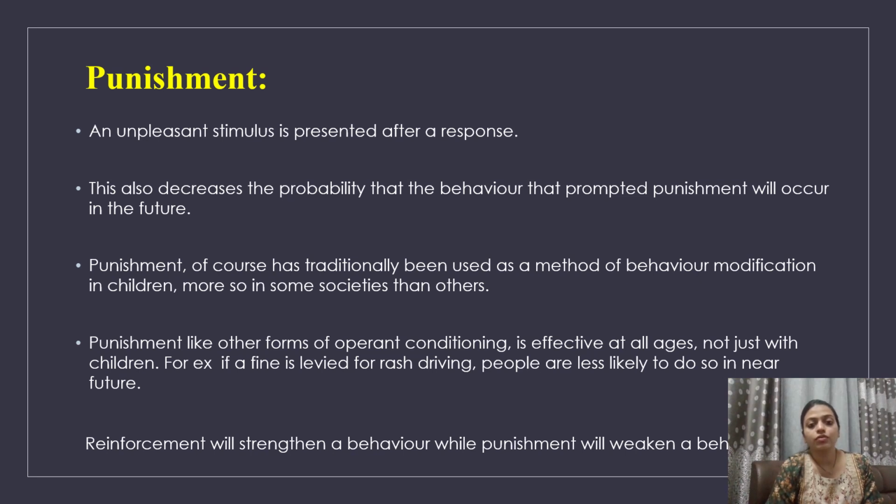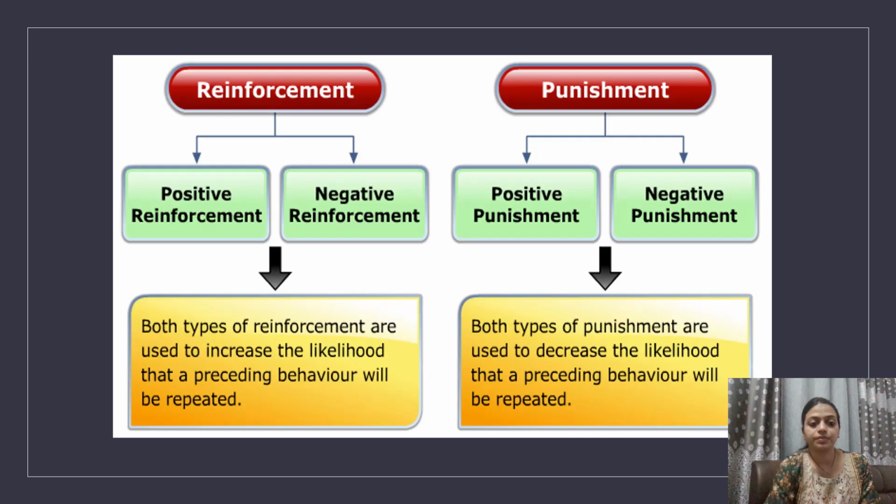Okay, so reinforcement is a consequence that increases the probability of a behavior. On the other hand, punishment is a consequence that decreases the probability of a behavior. Simple. This is a summary. Reinforcement: positive reinforcement, negative reinforcement.